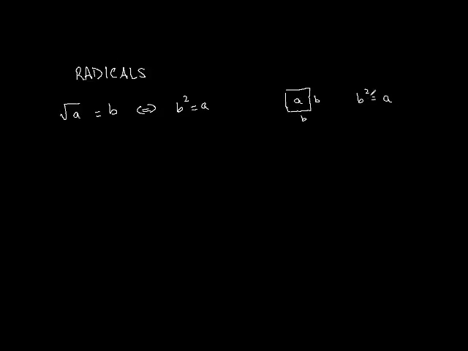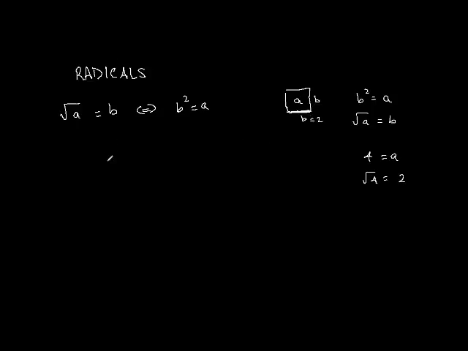So if b times b, which is b squared, gives you a, then asking for the square root of a is like saying, okay, if I know the area of this square, give me just one of the lengths of that square. A quick numerical example is if I have, for example, b equals 2, then 2 times 2 is 4. So 4 is the area of my square, and if I take the square root of 4, I should get 2, which is just the length of one of the sides.